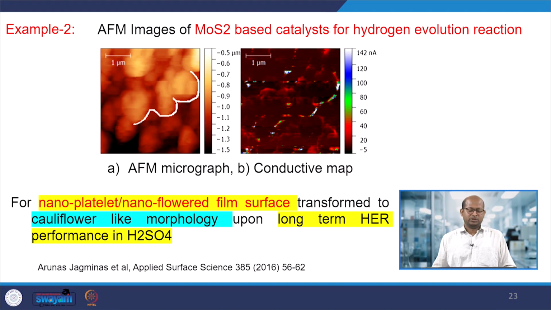Similarly, another example is molybdenum sulfide that was used for hydrogen evolution reactions.